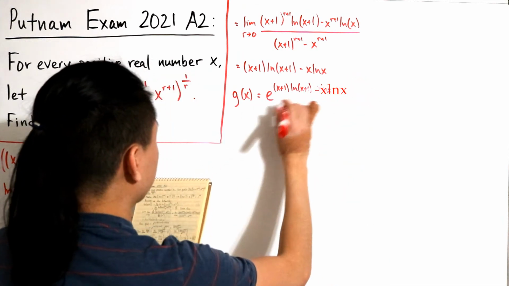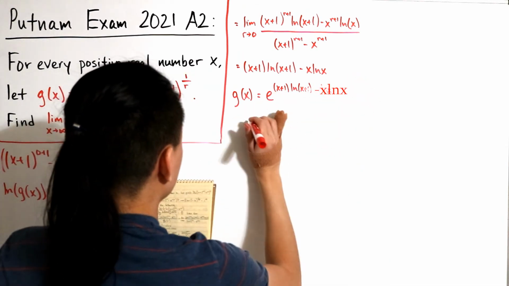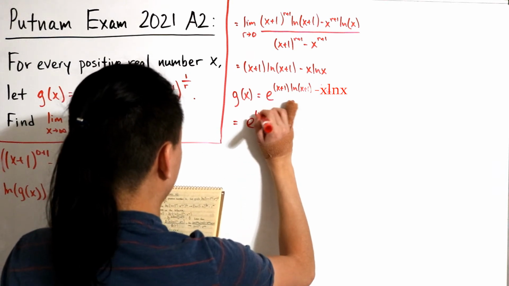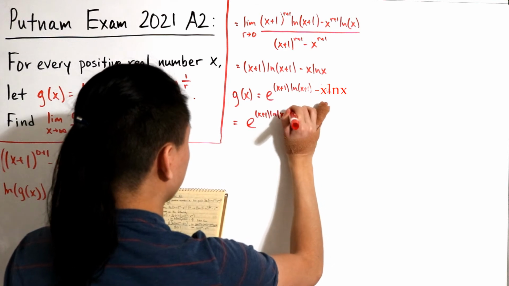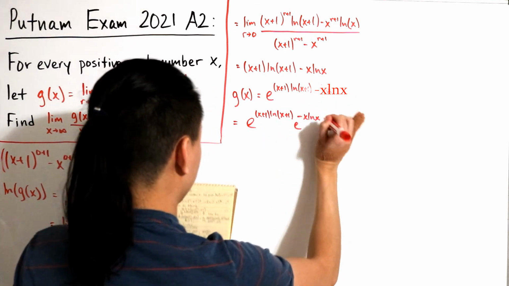So now we can rewrite the right-hand side a little further because we have the natural log. I can write this as a product of e bases: e to the x plus 1 times ln of x plus 1, and we have a minus, so this will be times e to the negative x ln of x.